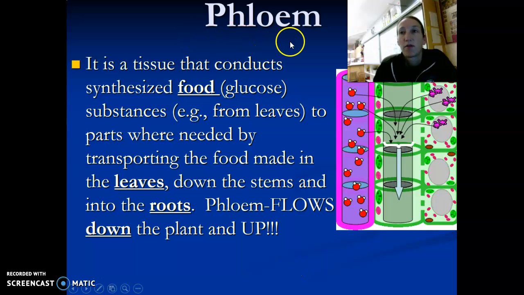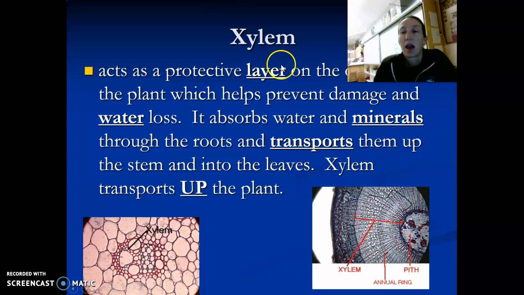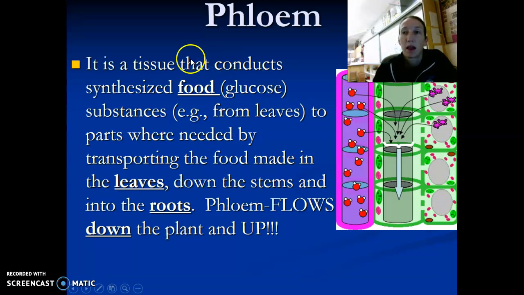Phloem and xylem. The thing about phloem is it's a tissue that conducts synthesized food. Conducts means to transport, and synthesized means food that's made. So it's transporting food, and that would be our glucose that's made in photosynthesis.